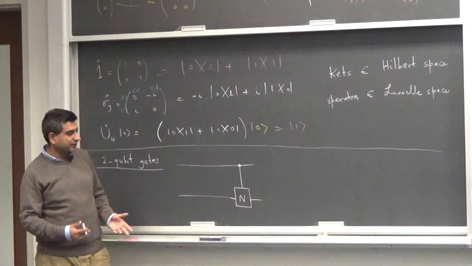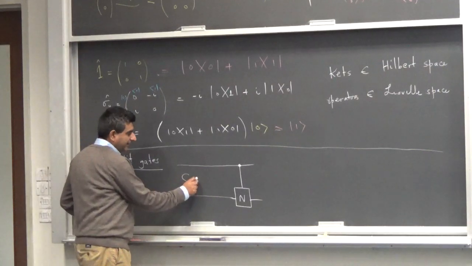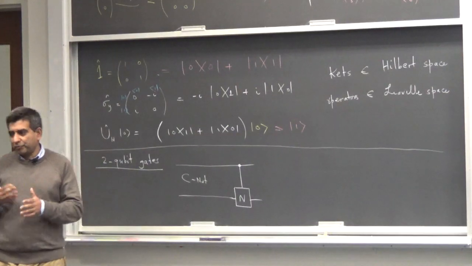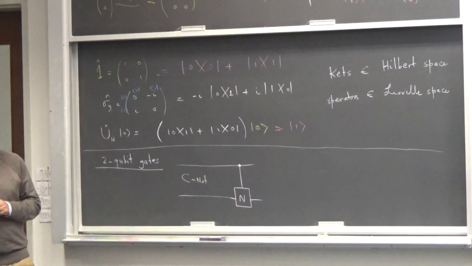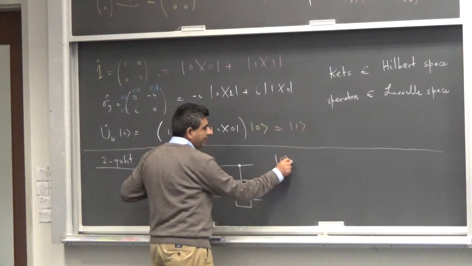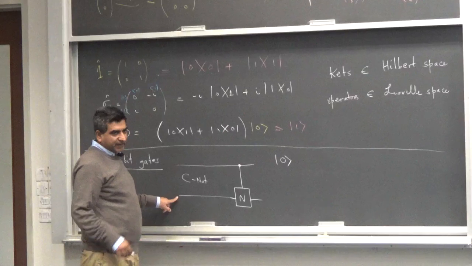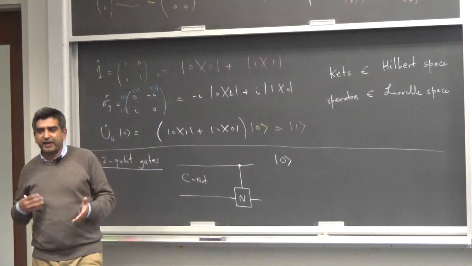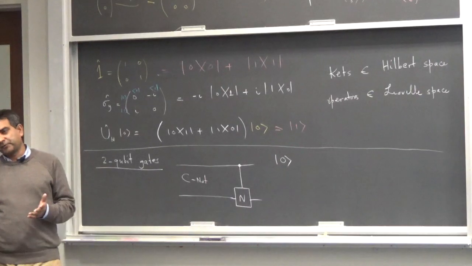And the truth table for this controlled NOT gate is the following. Now I need to have a way of writing the states for 2 qubits. So suppose the first qubit is ket 0 and the second qubit is ket 0 as well. So I need to find out how to write this in Dirac notation. But there are different ways of doing that.